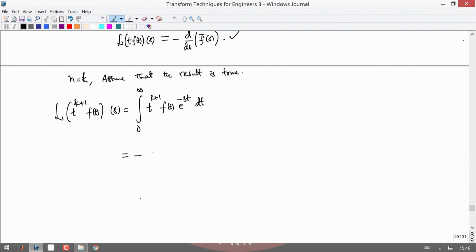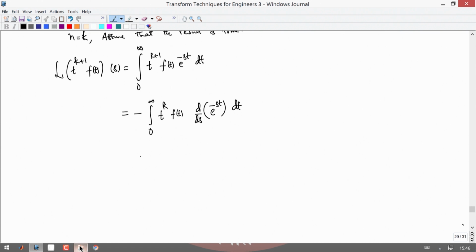Again you do the same technique: the integral of t power k times minus t e power minus st, which I write as a derivative d by ds of e power minus st. You can take this derivative outside, that is minus d by ds of the Laplace transform of t power k f of t.